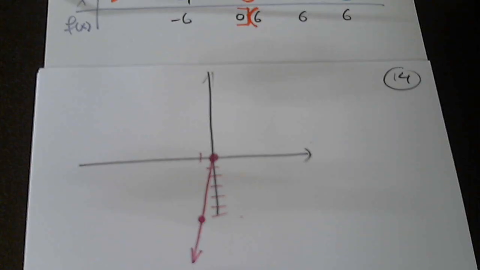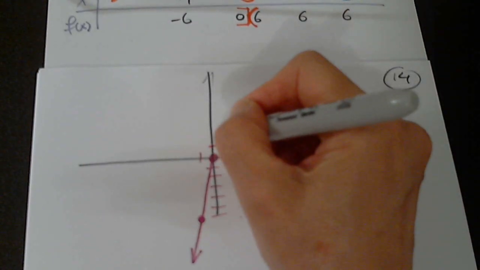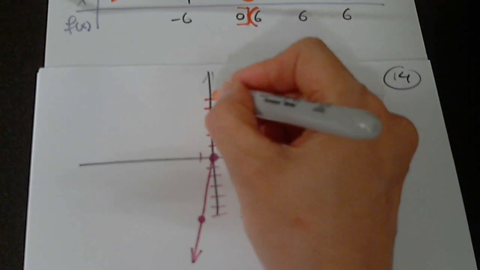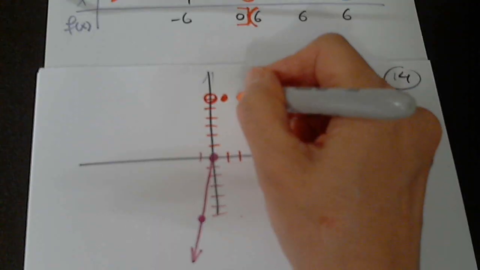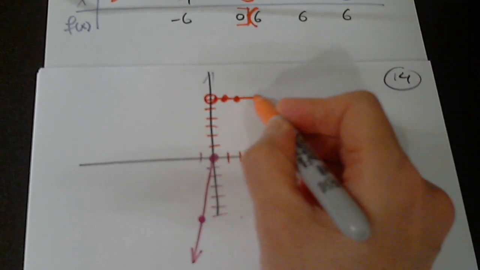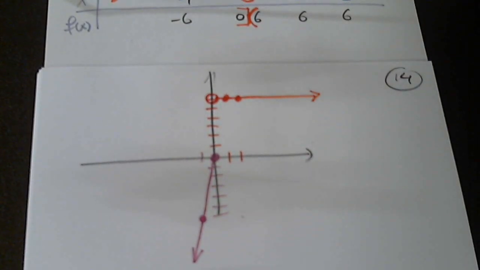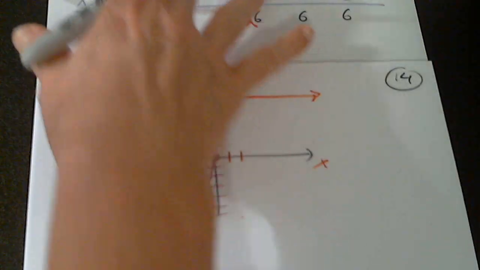Done. The other one, 0, 6. 1, 2, 3, 4, 5, 6. Open point. 1, 6. 2, 6. Very nice example.